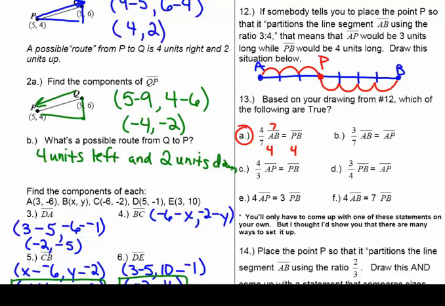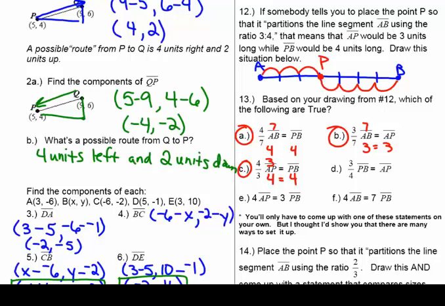All right, if I look at B, I have 3/7 times AB, which is 7. And so when I multiply that, I'm going to get 3, which does equal AP, so B works. If I do 4/3 of AP, remember that AP was 3, and so when I multiply that, I get 4. And the length of PB was 4, so that one works.